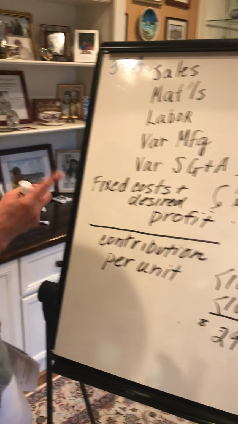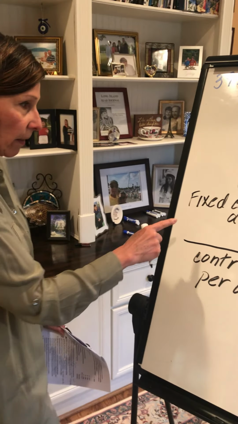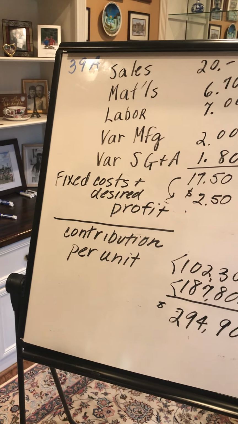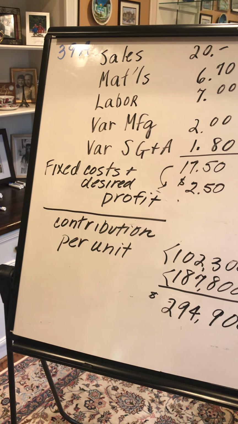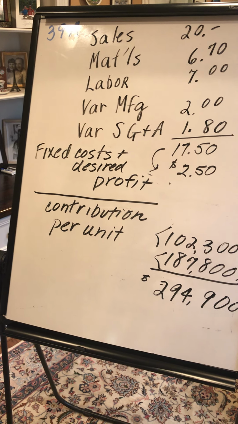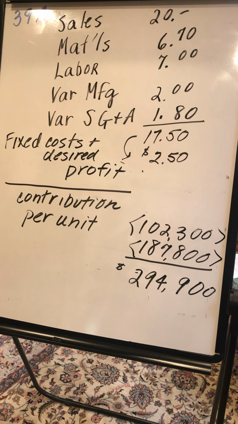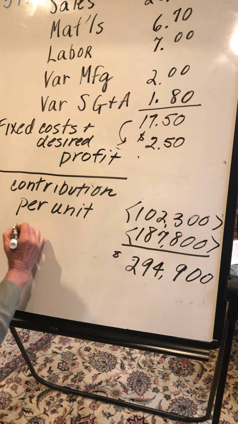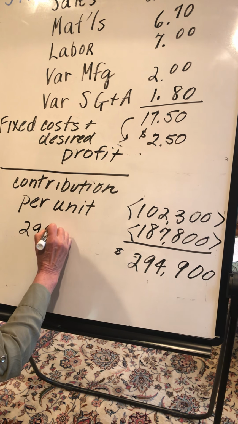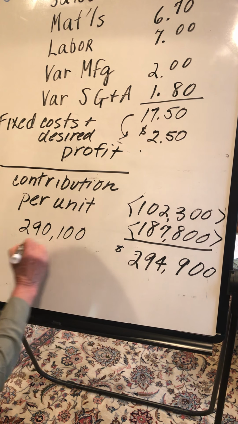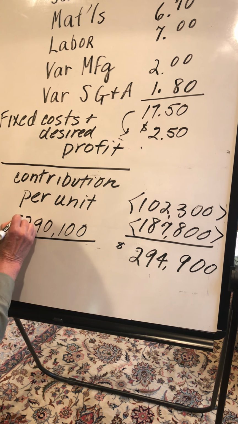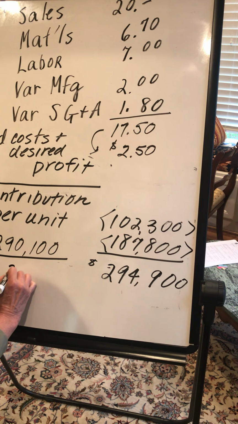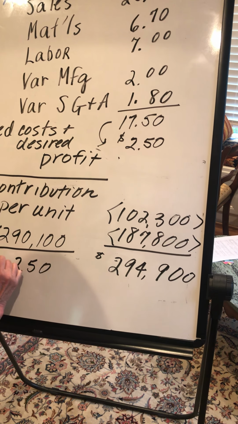So let me put numbers together with this. Fixed costs. So we have the fixed costs here. 102,300 plus 187,800. So the fixed costs for our company are $290,100. And the contribution margin per unit is $2.50.